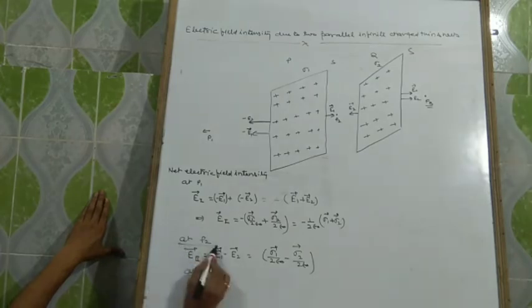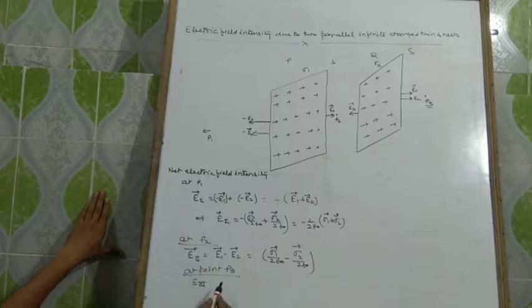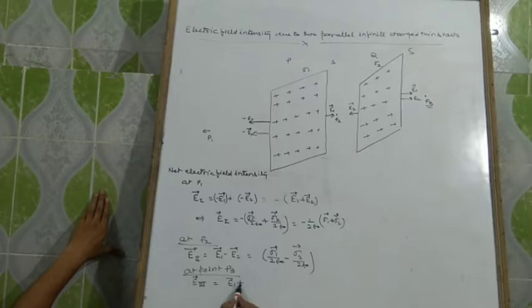Now, the third point, P3. At point P3, E third will be equal to E1 plus E2, because both are positive and in the same direction.